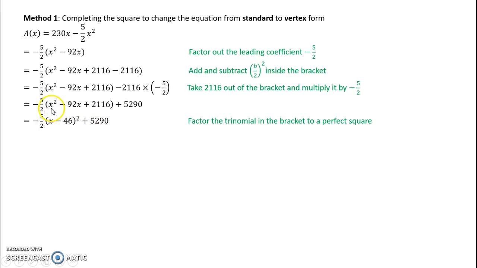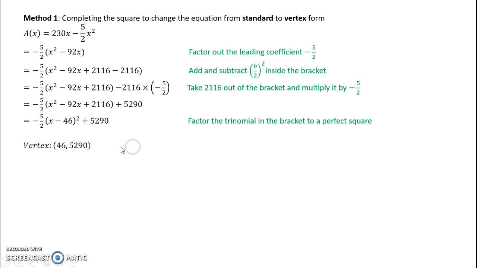Okay, so this x squared minus 92x plus 2,116 can be factored to (x minus 46) squared. Okay, so if you were to expand this bracket, so if you were to multiply it by itself, you would go back to this expression.